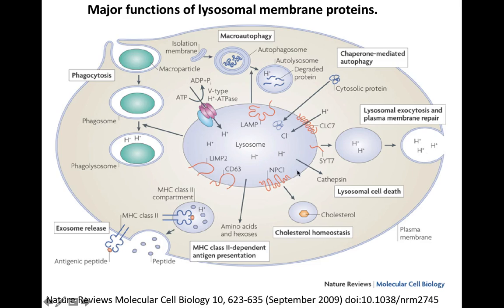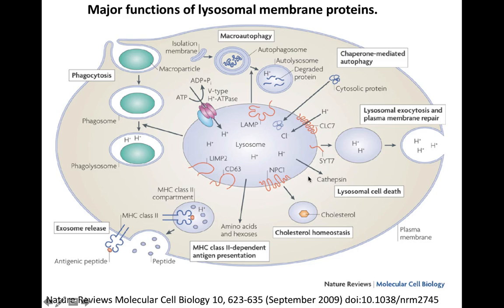The other function that the lysosomes play is in lysosomal cell death. Lysosomes contain certain proteases, what we call cathepsins. Basically, these proteases work at an acidic pH, and generally they're not destructive to the cells. But release of lots of cathepsins in response to initiation of the cell death pathway can lead to the destruction of the cells.